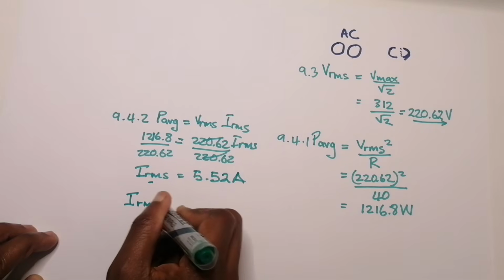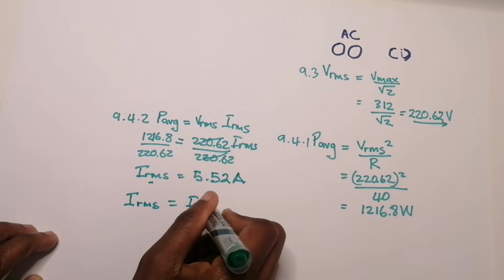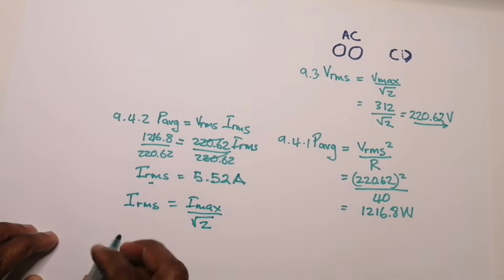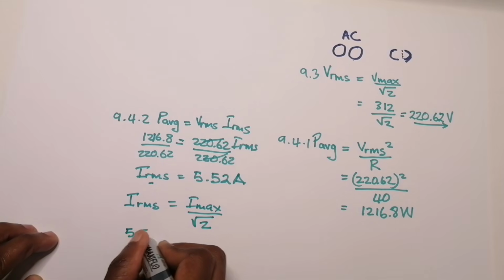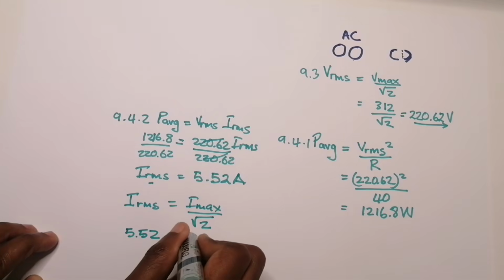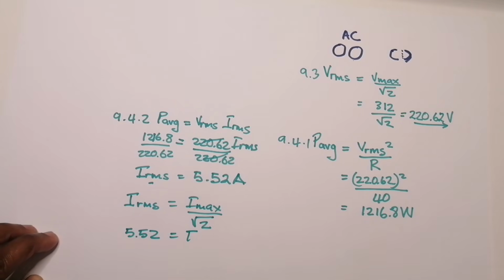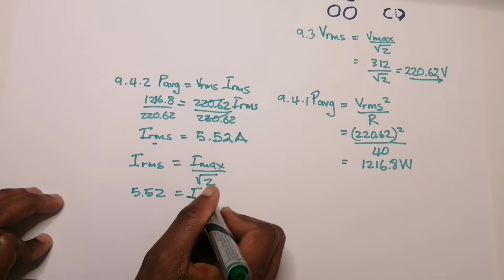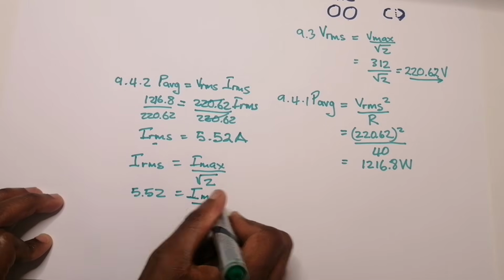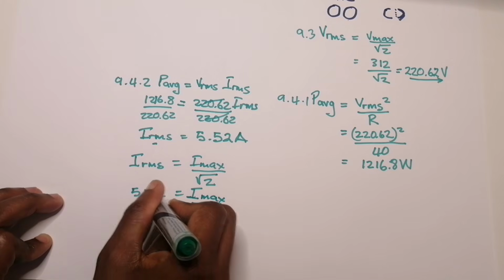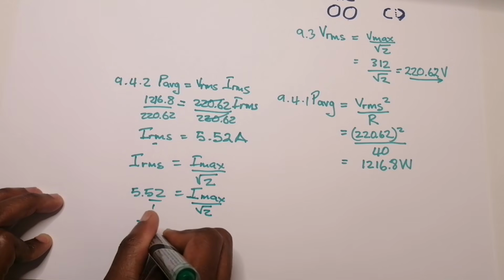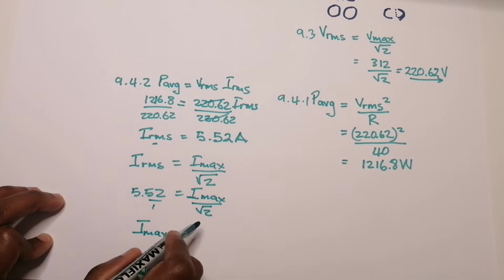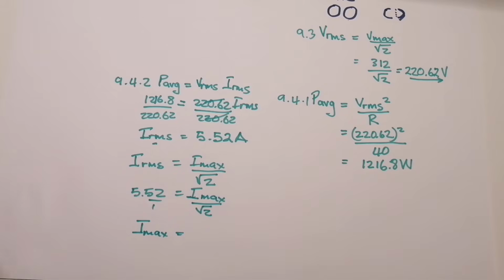So I know I RMS is equal to I max divided by the square root of 2, and I already have my RMS value, 5.52. I max is what I want. So that's my I max divided by square root of 2, and of course we can simply say I max is equal to square root of 2 multiplied by our I RMS.